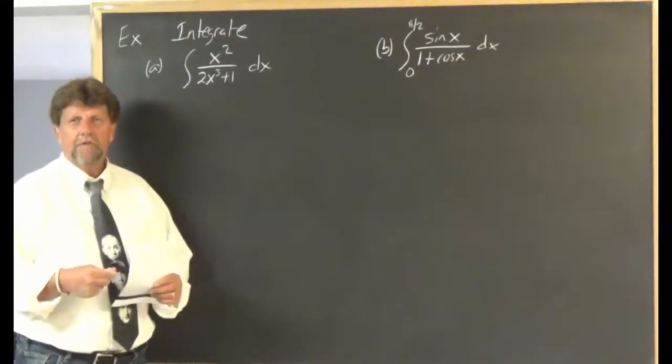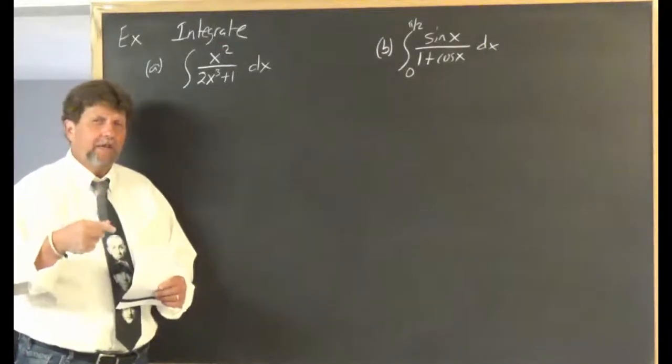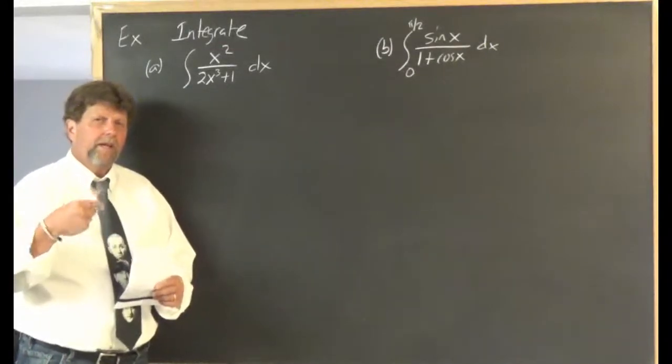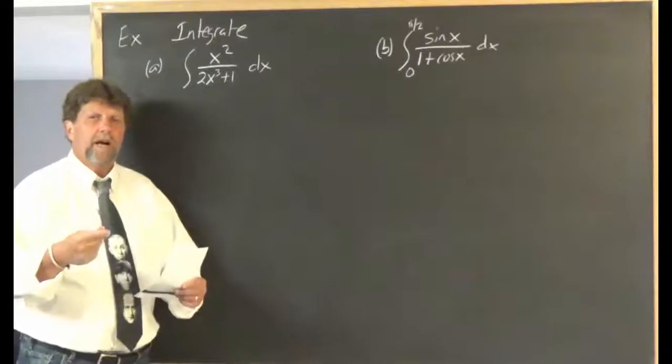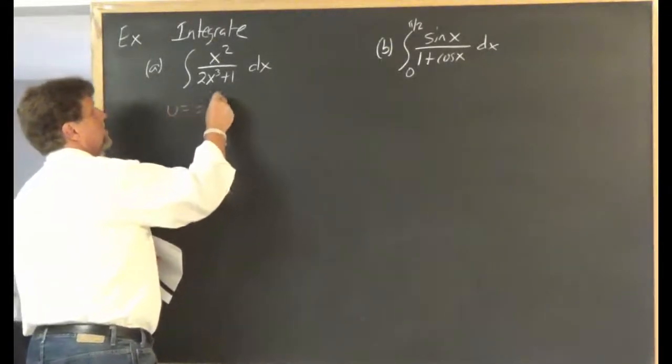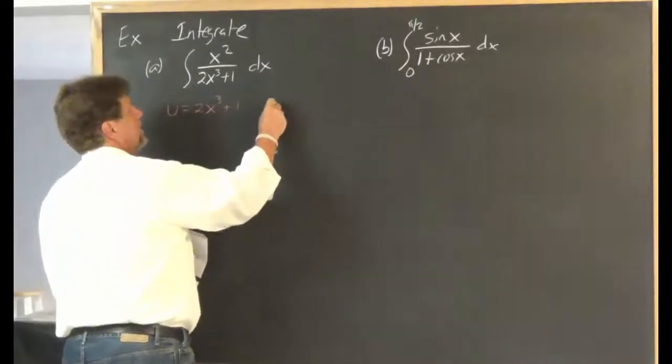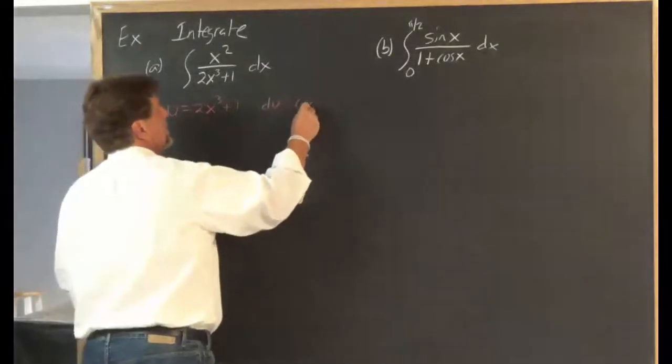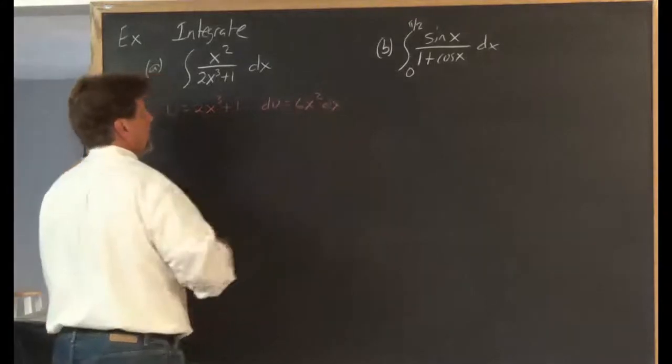Well, now is the future. So if I think back to those guidelines, one of the guidelines was try letting u equal the denominator. So u equals 2x cubed plus 1, which means du is 6x squared dx.